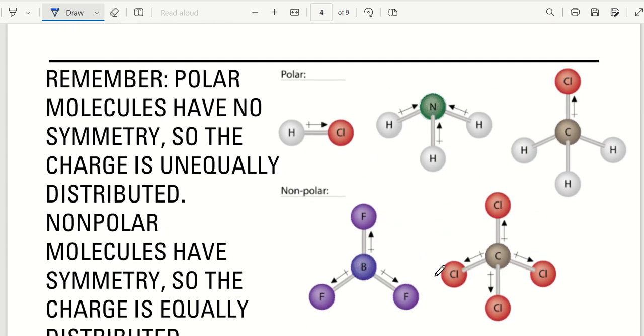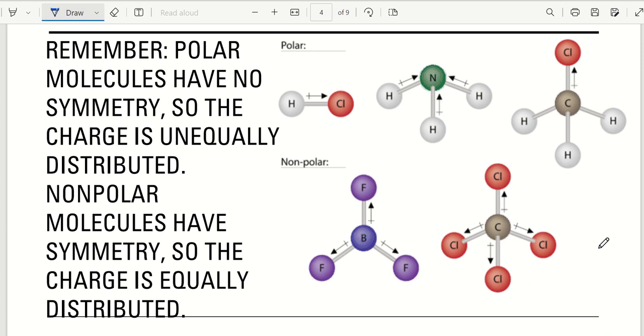Okay. Now, once you determine whether bonds are polar or non-polar, then we can talk about molecules being polar and non-polar. Polar molecules have no symmetry. So that means the charge is unequally distributed, whereas non-polar molecules have symmetry. So the charge is equally distributed. Okay, so what do I mean?